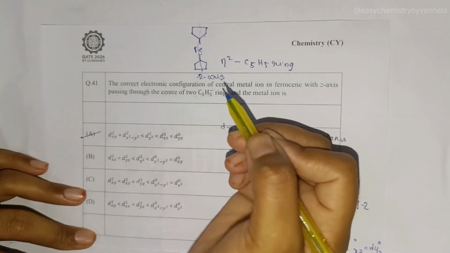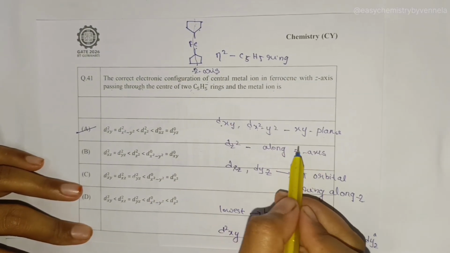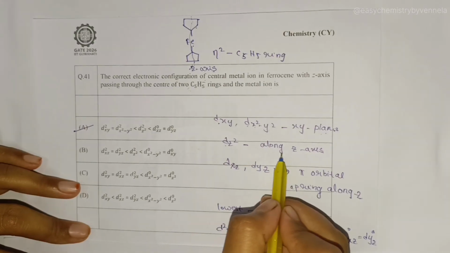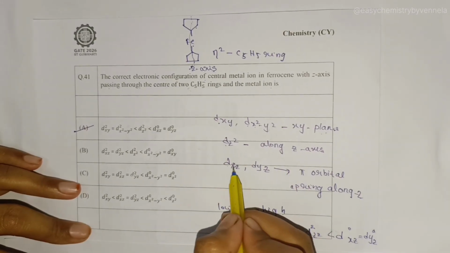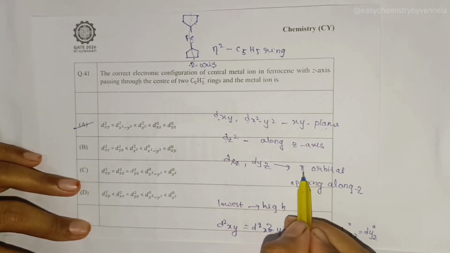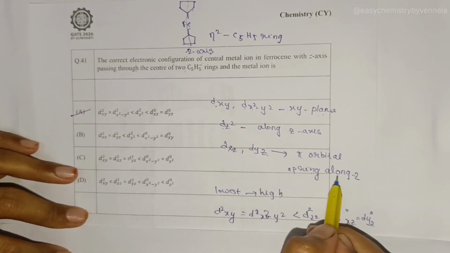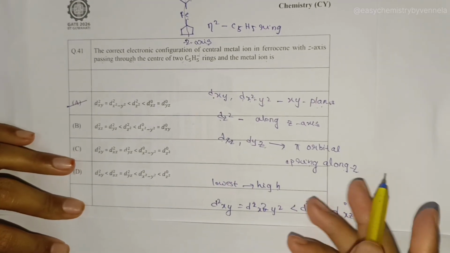The Z axis passes through the center of the rings. dx square minus y square is in the xy plane between the rings. dz square is along the Z axis. dxz, dyz are pi orbitals with the ring opening along Z.